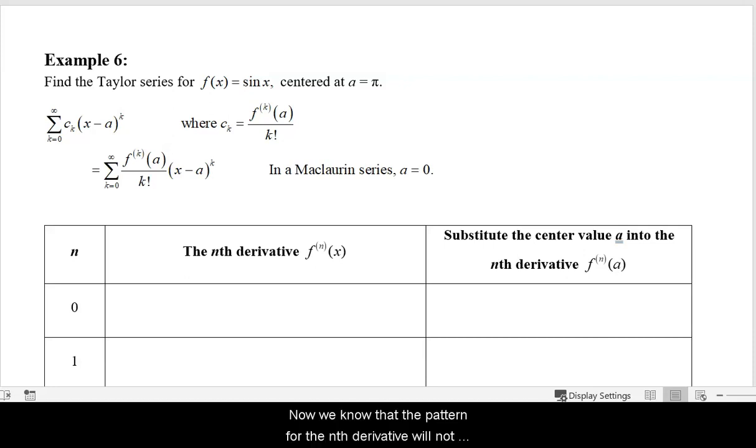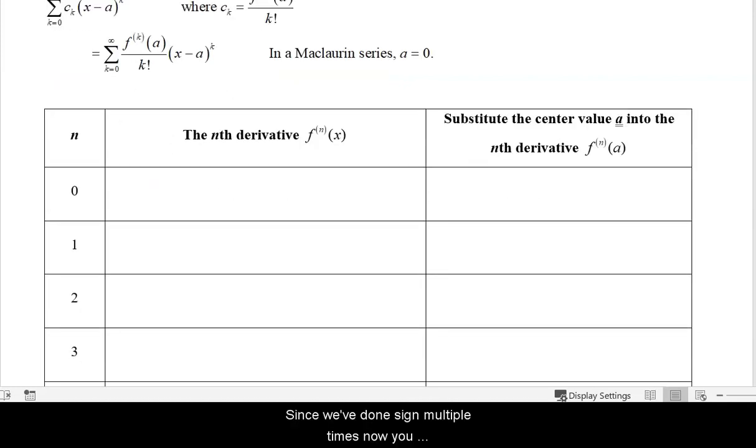Now, we know that the pattern for the nth derivative will not change, but we know that when you plug in the center, it could change. Let's see if it does change or not. Since we've done sine multiple times now, you should be able to quickly write down what the nth derivative for sine is. The nth derivative is just the original function unchanged.